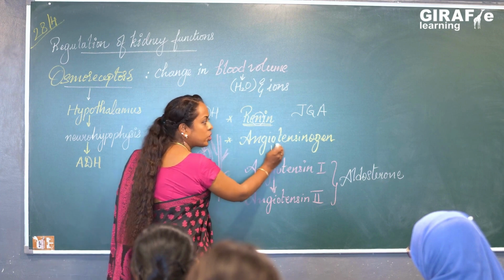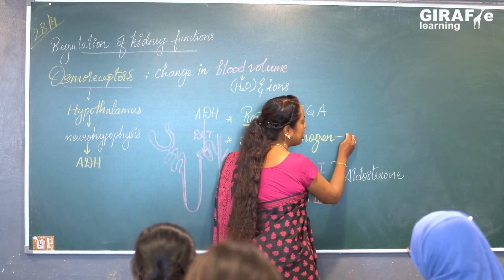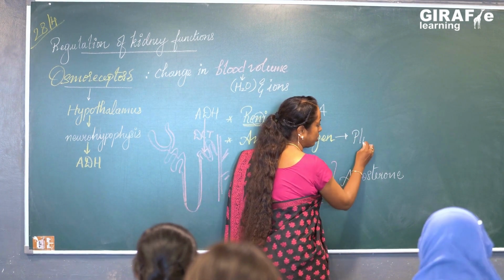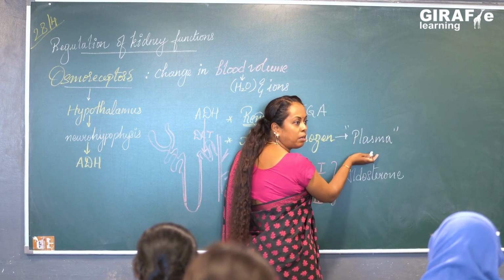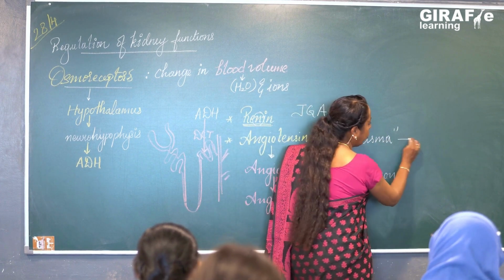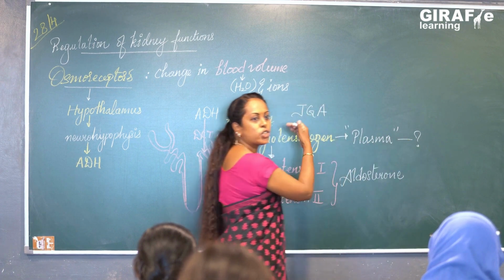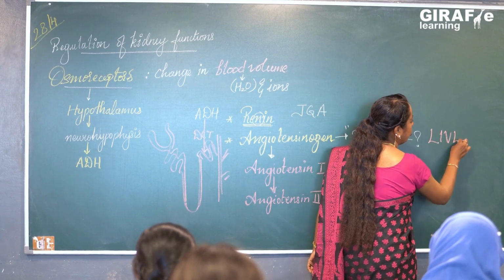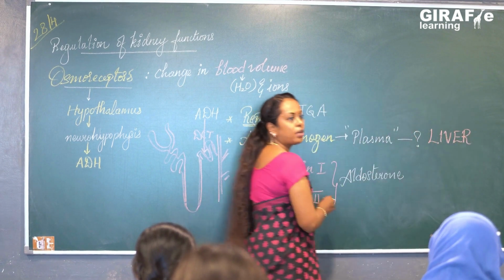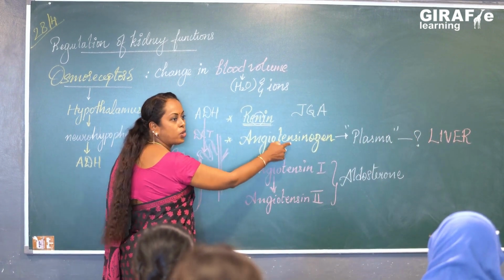Then angiotensinogen. Where is this present will be your question. Then you will say plasma. In plasma part of blood, who produced this particular angiotensinogen will be your question. Liver. Now what happened to this angiotensinogen?